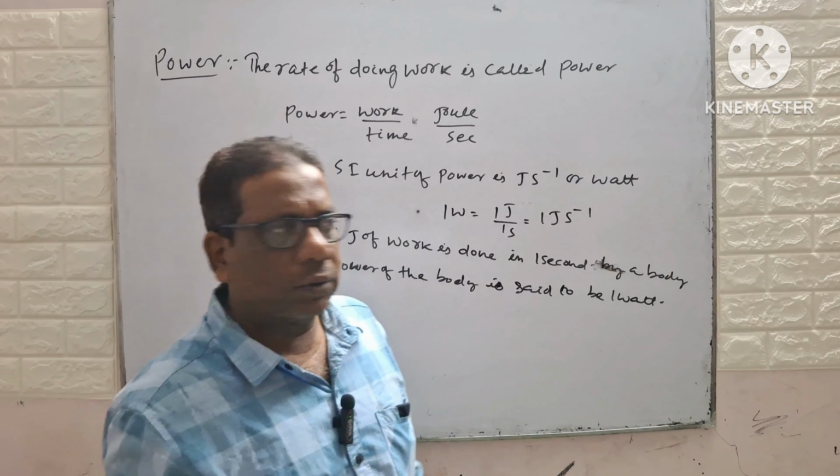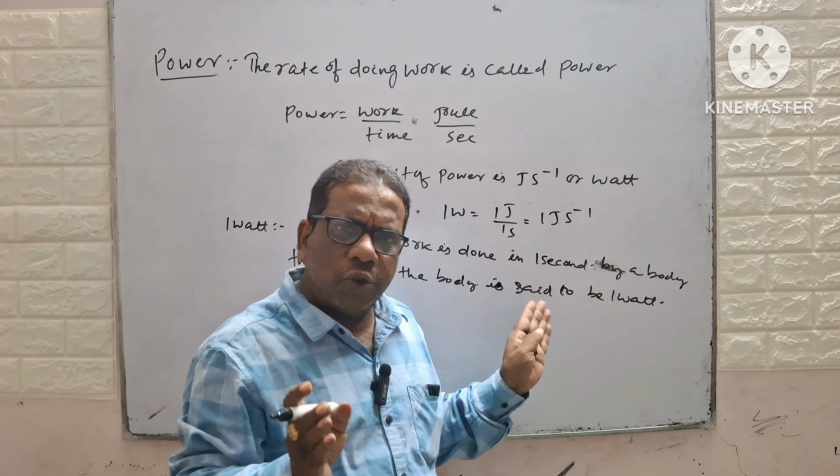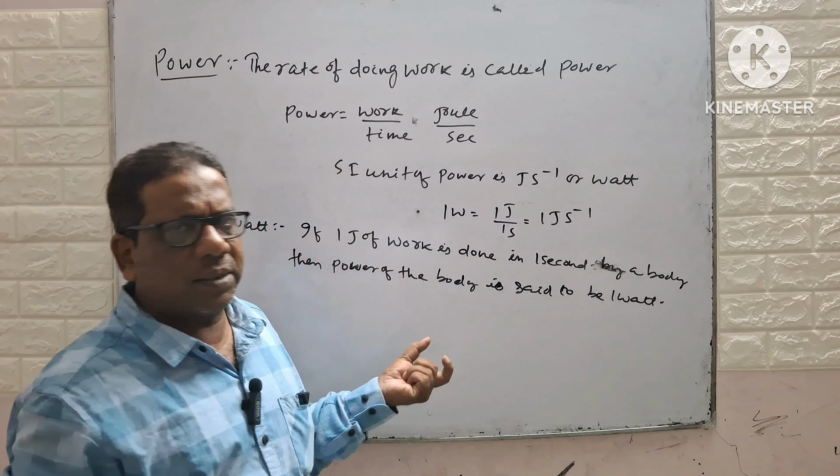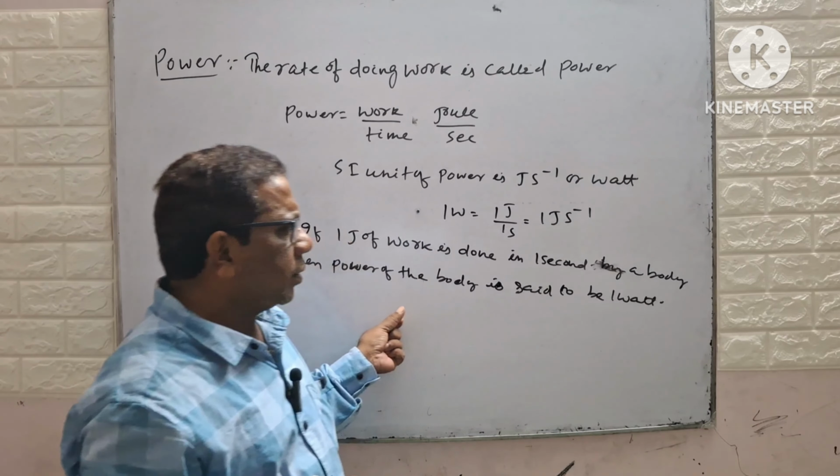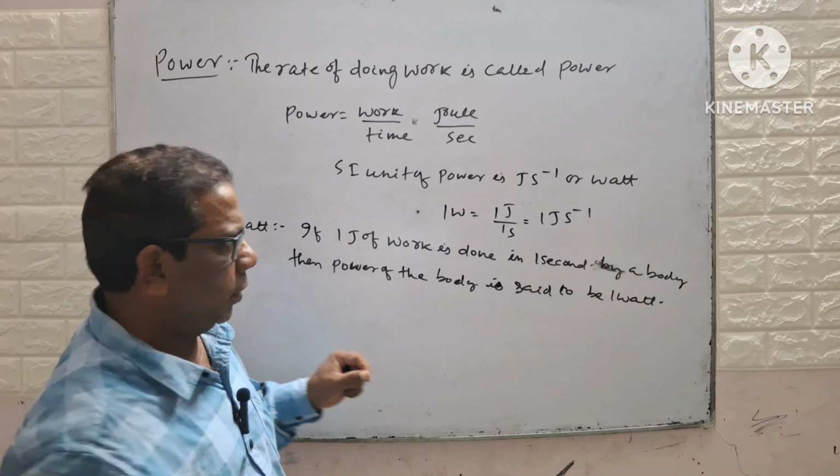When a body does 1 joule of work in 1 second, then the power of that body is said to be 1 watt.